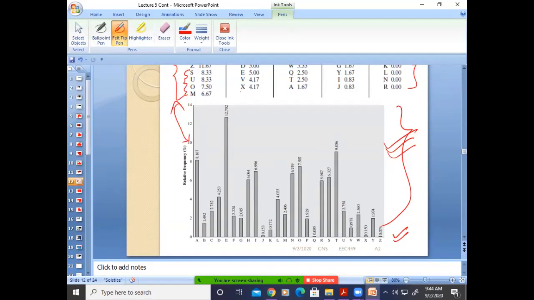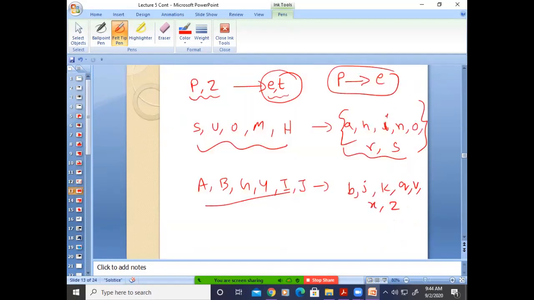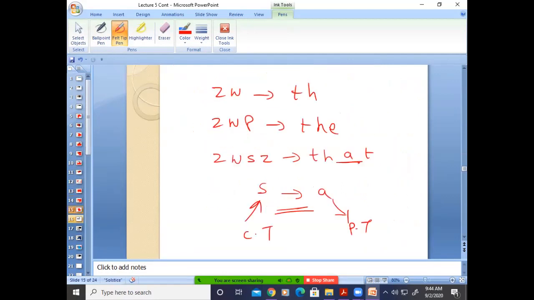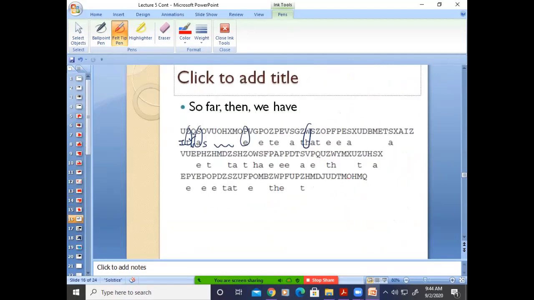Then we may get some letters, and by trial and error we will get the entire message. If I know the nature of the plain text, only then can we crack it. Otherwise it is very difficult here, where we have 26 factorial combinations. Compared to the Caesar cipher, it is somewhat difficult.